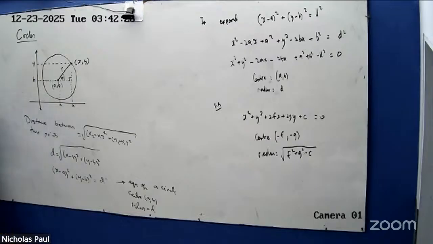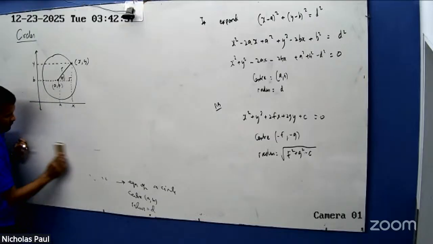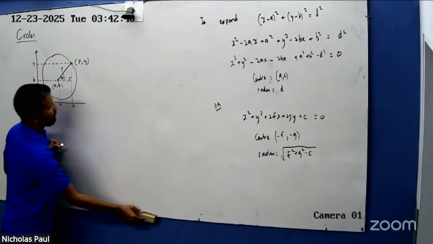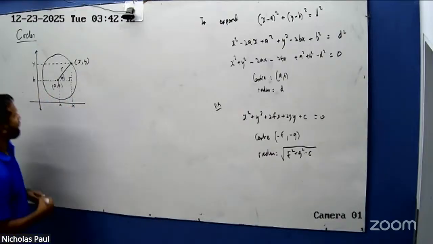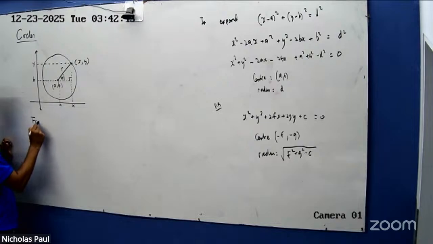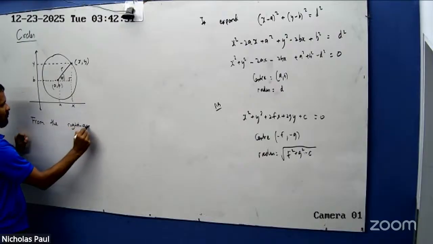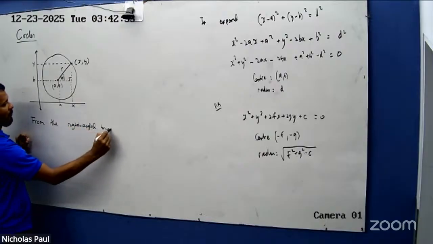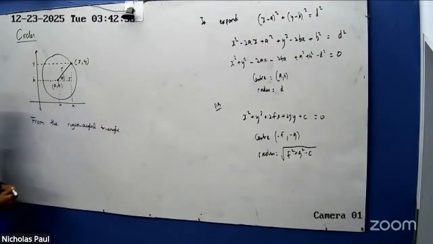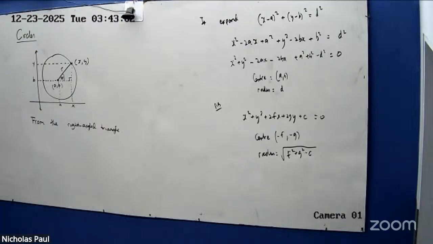If you're going to write the circle in a different form again, it's called parametric form. I draw the circle and draw the little right angle triangle in there, right?